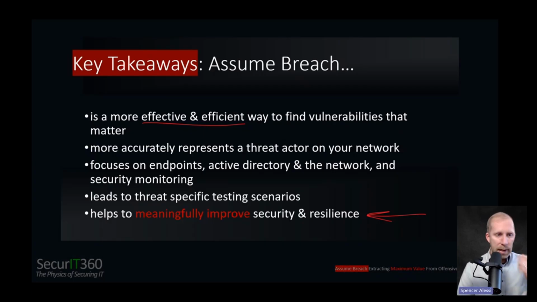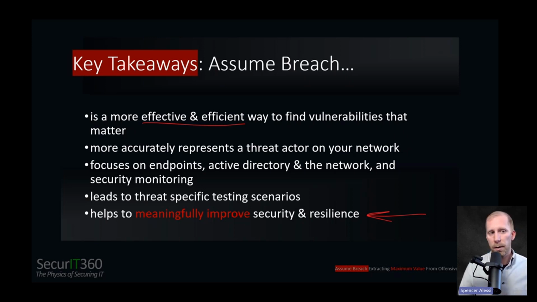So the key takeaways for assume breach are it's a more effective, efficient way to find vulnerabilities that matter, right? We're starting as a regular user. We're looking at all the things that user could potentially get access to and more. And we're taking the approach of, let's assume that a user is going to get compromised. What could happen if that happens, right? And it more accurately represents the typical threat on your network, right?